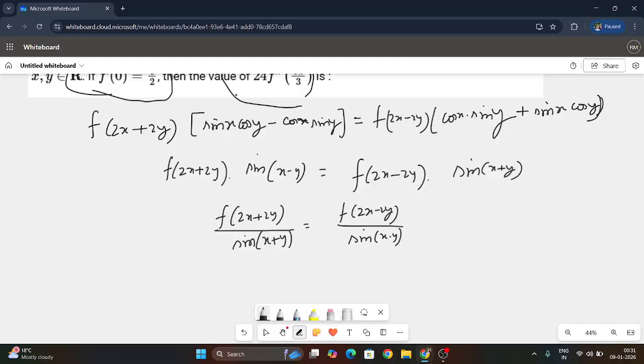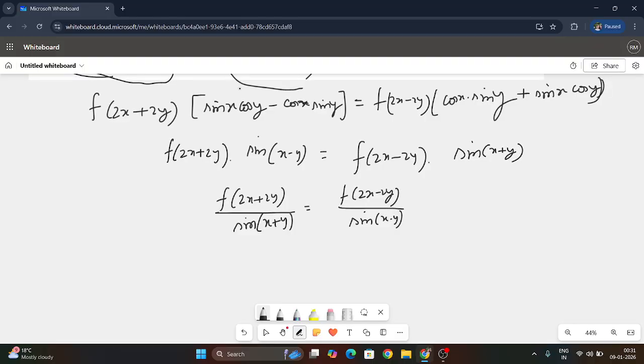One thing I can suggest is that you consider 2x plus 2y equal to, let's suppose, p. So x plus y is equal to p by 2, and this is going to be f of p is equal to sine p by 2.